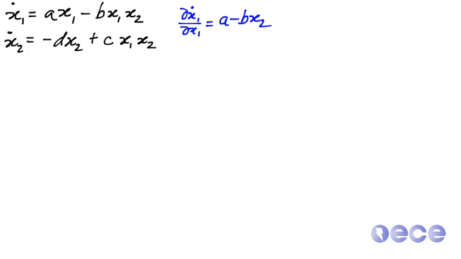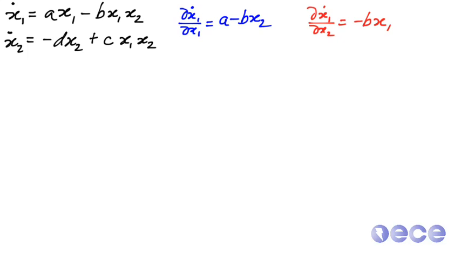So we take the partial derivative of x1 dot with respect to x1. For this equation, we get the partial derivative of ax1, which equals a, minus the partial derivative of bx1 x2 with respect to x1. That's just minus bx2. It's fairly straightforward to develop these derivatives. We can see that the partial of x1 dot with respect to x2 is minus bx1.